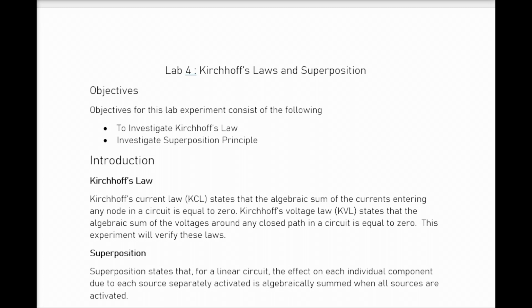And Kirchhoff's voltage law states that the algebraic sum of the voltages around any closed path in a circuit is equal to 0. That means if you have a loop, and you sum up all the voltages across all the circuit components, the algebraic sum is going to be equal to 0, right?